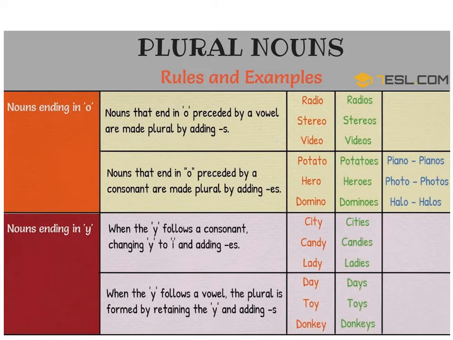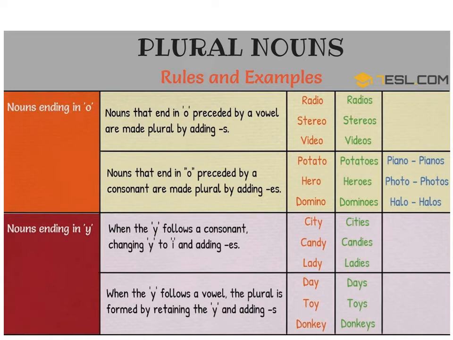And look at that potato, the last letter is O, right? And before O, we have letter T. And T is an example of a consonant. That's why in potatoes, we add ES. Because before that O, we have a consonant.